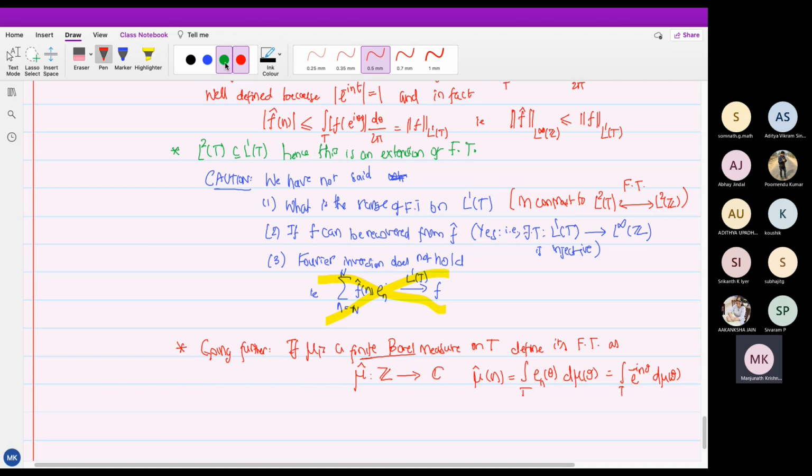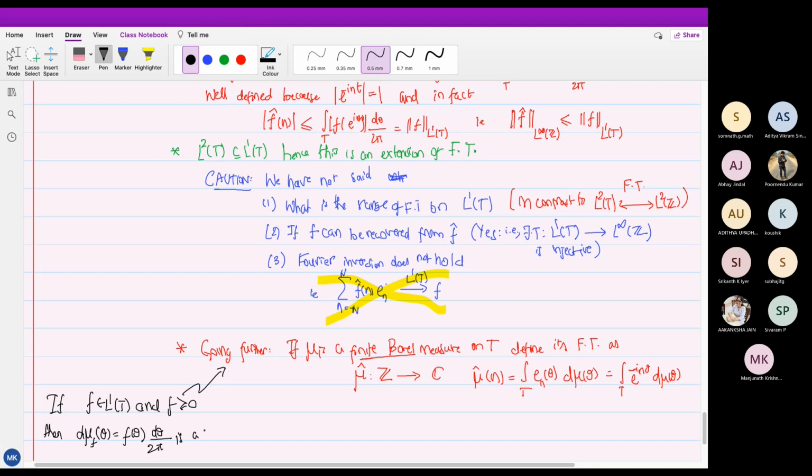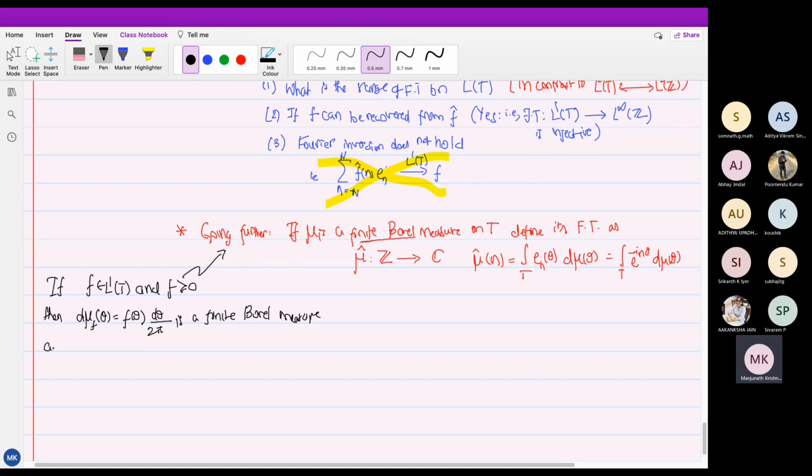So why do I say going further? In what way is it going further? Is it really going further? Well, if f is in L1 of T and f is non-negative, then we can associate it to a measure. We can think of it as the density of a measure, a finite Borel measure, and the two definitions coincide.